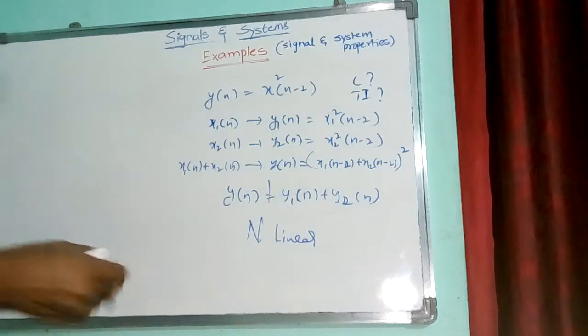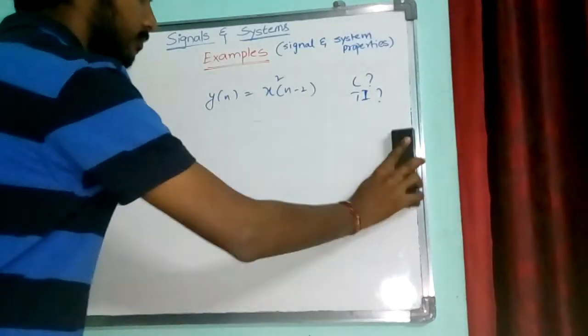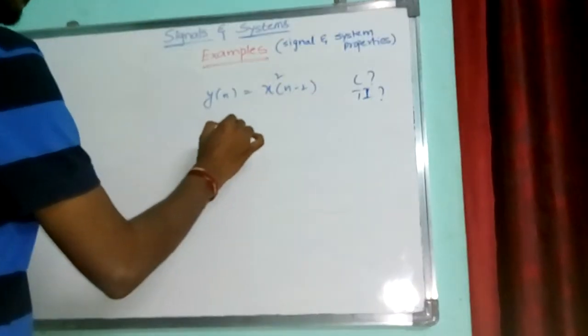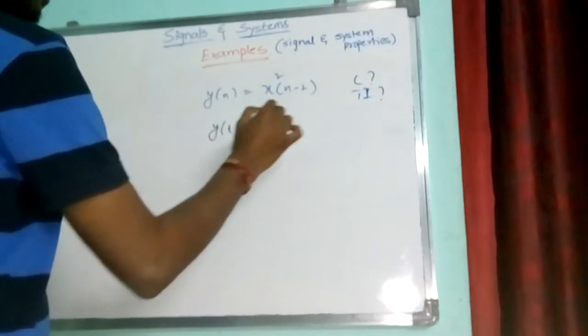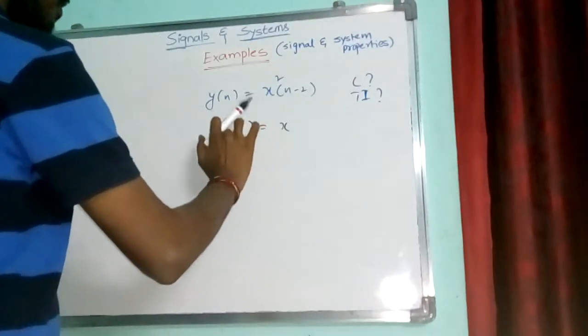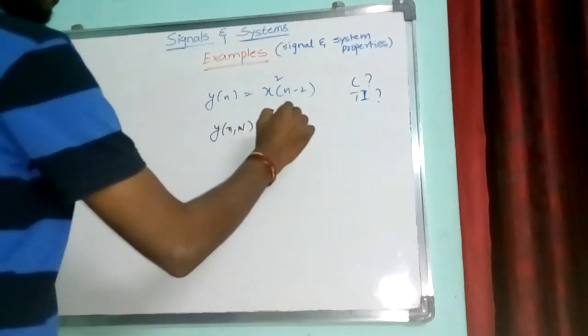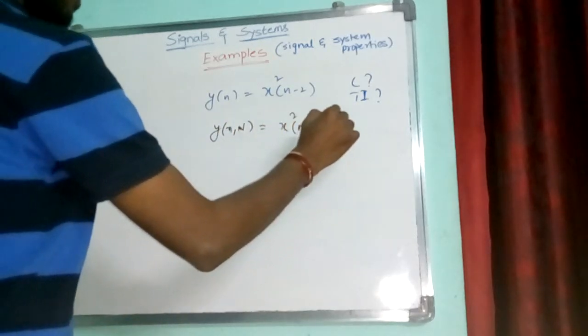Non-linear system. Now I'll check for the time invariance or not. So I'll change at the output side, then y of n comma n is x square of n minus 2 minus n.